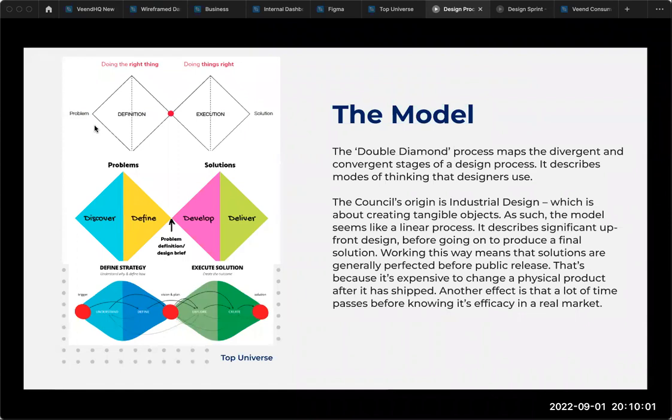That's why it's called the double diamond, because there is a divergent and a convergent part. Divergent means you spread out your ideas, leaving a particular point, while convergent is coming to a point. When you are divergent, you are exploring ideas, researching, going wild with your ideas. Later on, you come together at a point where you get access to a common truth that you found. That's what the diamond process is all about.